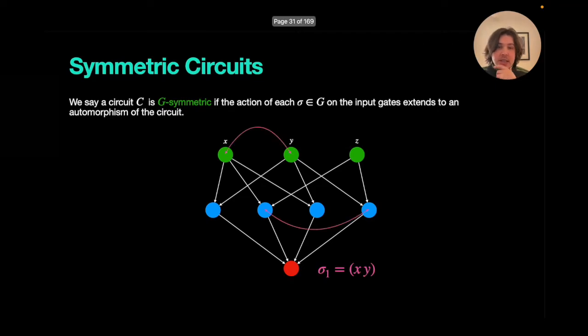And it's not too hard to see that indeed it does. If we swap those two gates, we just need to swap those other two blue gates, and indeed we have an automorphism of the circuit. So this circuit is symmetric with respect to the group generated by that transposition. It's not too difficult to see that this particular permutation, the one in yellow, doesn't extend to an automorphism of the circuit. So this circuit is not symmetric with respect to any group that contains sigma 2.